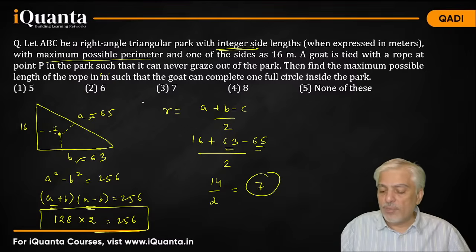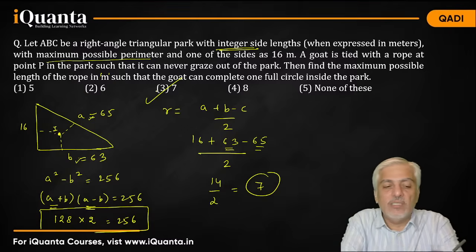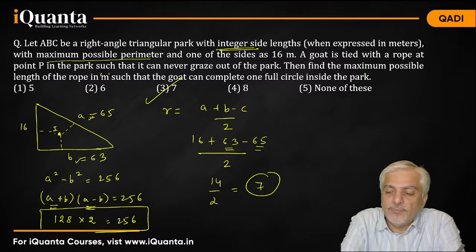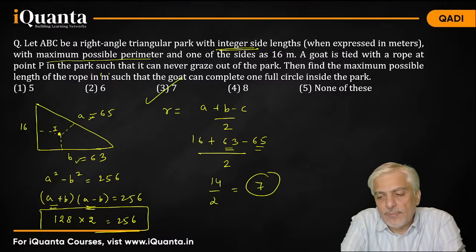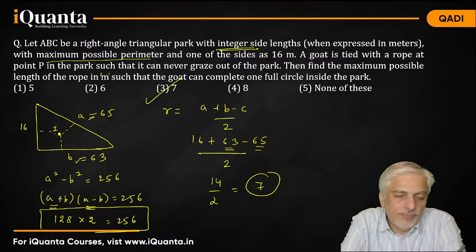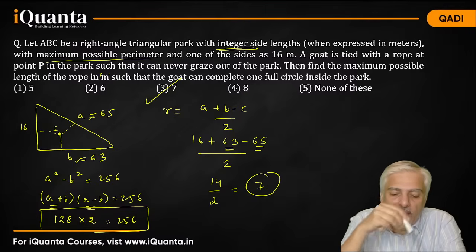So the length of the rope can be 7 meters, which is the third option. Go through it very carefully. Okay, going ahead.